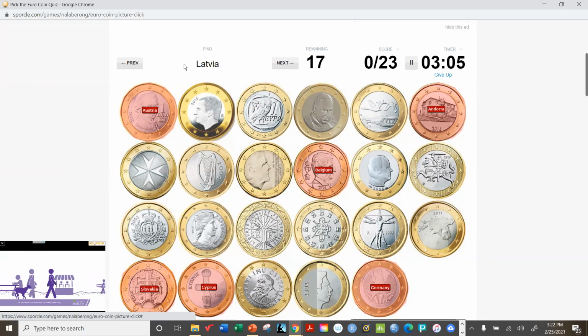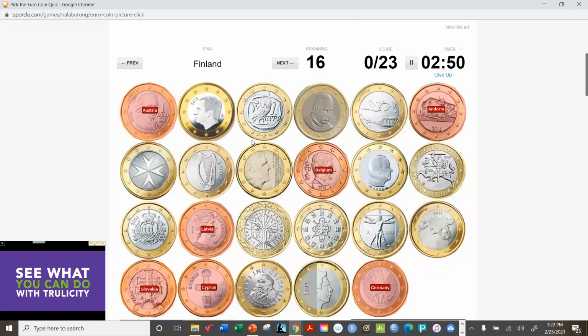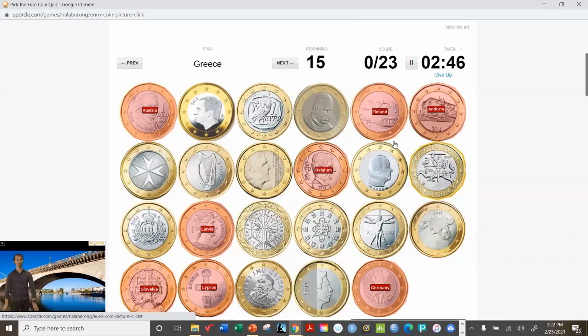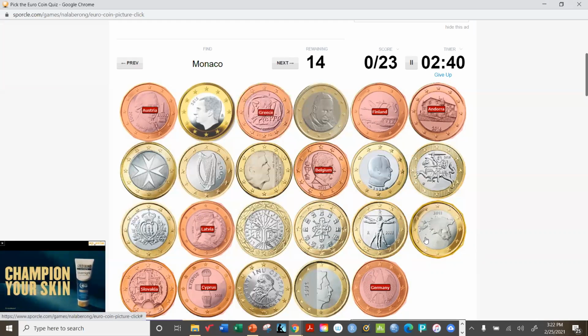Oh boy. Latvia. Oh, somebody knows. Third row, fifth. All right. Oh, no, it was that one. Finland. Oh, how about Greece? Man, this is frustrating.